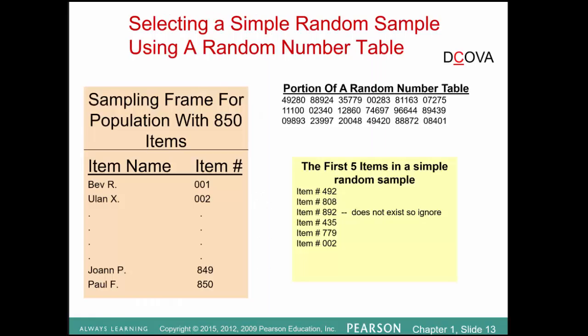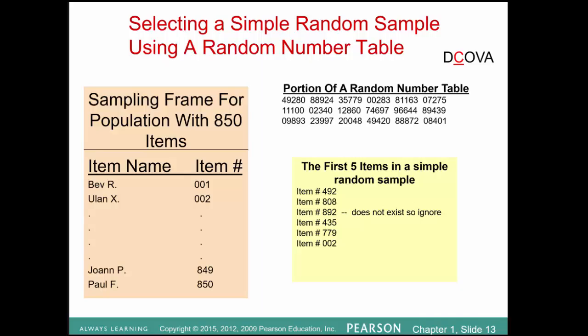An old method used to select a sample is to label each individual in your population with a number. Suppose there are only 850 people in your population, each with a unique number from 1 to 850. We can go to a random number table, often constructed of 5-digit numbers, and select the first 5 entries. Since we only need values between 1 and 850, we will only look at the first 3 digits of these random numbers.